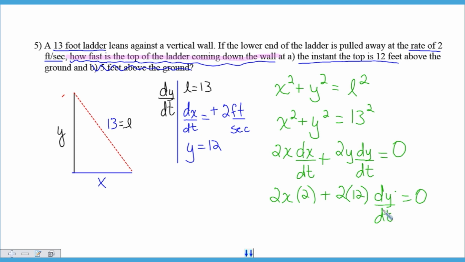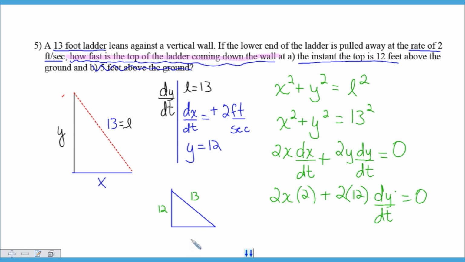So sometimes when we get to this point, we have to stop and draw an instantaneous triangle, which is what I'm going to do now. So at the instant when y is 12, this is instantaneous because at this instant this is happening, I need to know what x is.